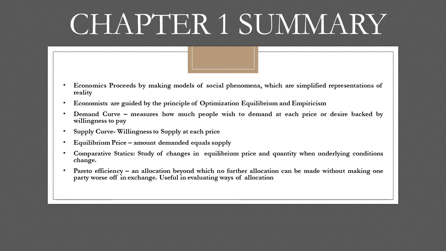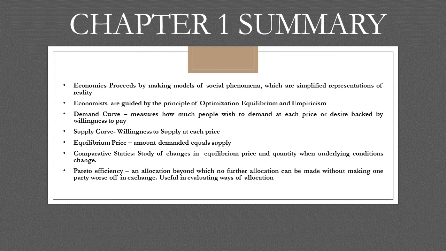Then we talked about the demand curve and the supply curve, and finally we reached the equilibrium price in a perfectly competitive market. Then we talked about comparing static equilibrium points to draw insights on the shifts in the demand and supply curves under comparative statics.